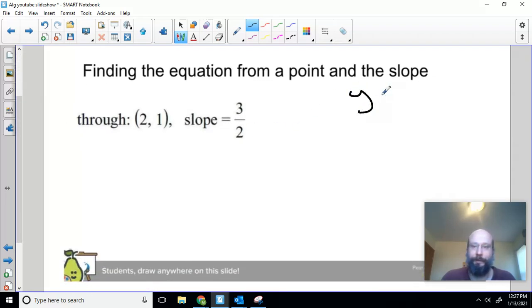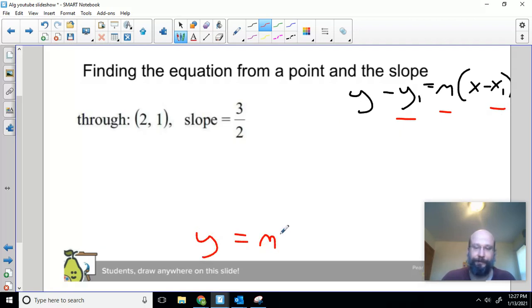So again, our formula. We're going to use the numbers here to put in a number for that, a number for that, and a number for that. And ultimately, we're going to simplify it to the slope intercept form, y equals mx plus b.